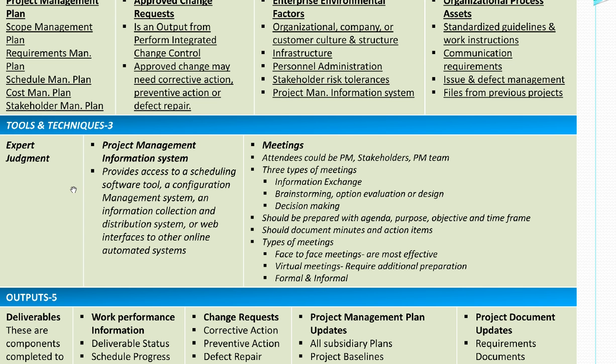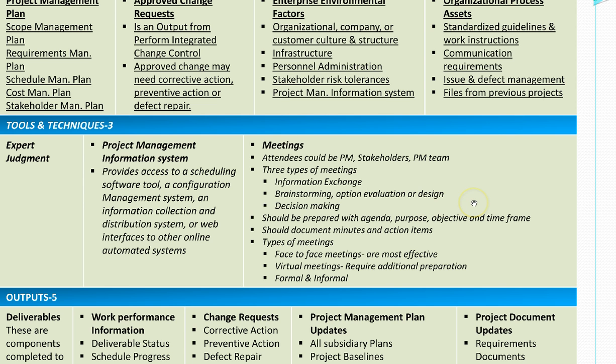It helps you level your resources. It helps you in a lot of different things. So it's a scheduling software tool that helps project managers to achieve their project objectives.